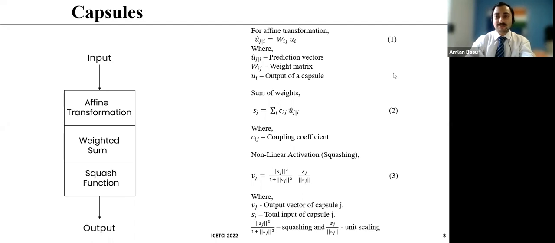The main reason behind using capsules is the presence of affine transformation, which helps capsules capture the relationship of different objects or the features of the objects so that the orientation can be captured properly, because feature extraction is not the only task that needs to be done by the neural networks. Capturing the orientation of those features is also very, very important.